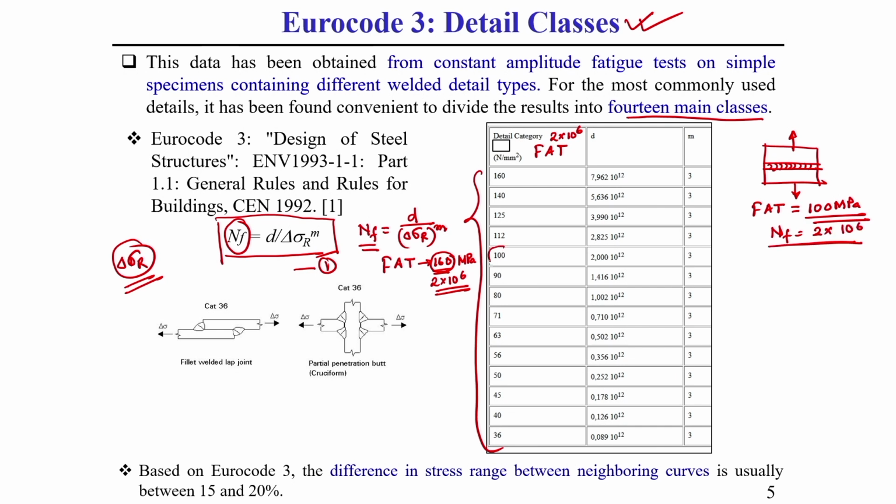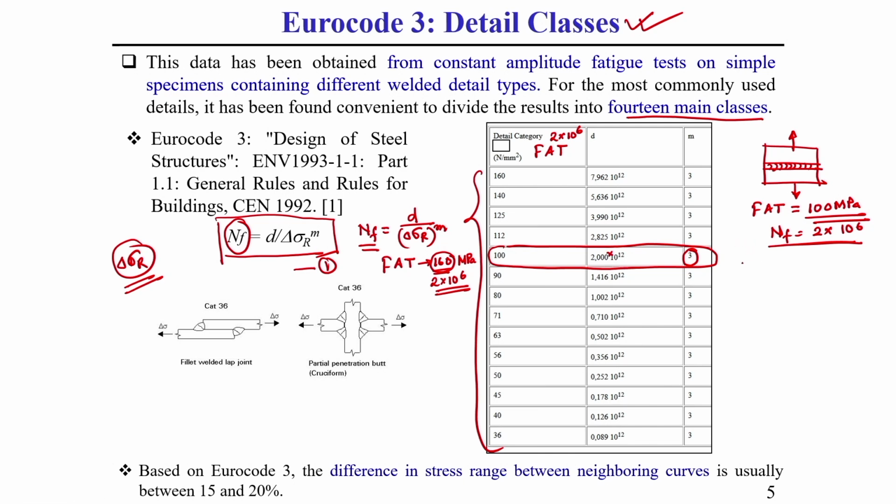For this type of fat class, what is the D value and what is the m value? Here the m value is 3. This m value is generally constant for all fat classes, but the D value is different for different fat classes. For fat class 100, the D value is 2000 into 10 to the power 12.